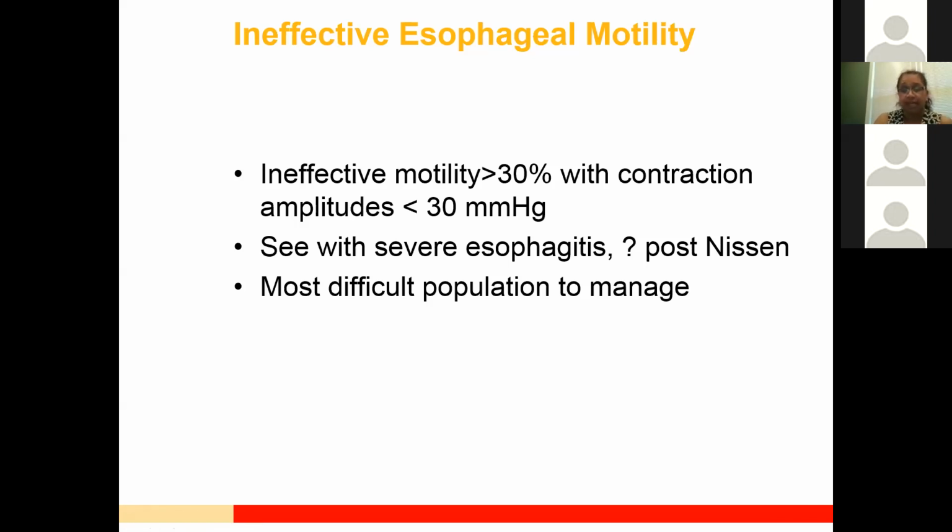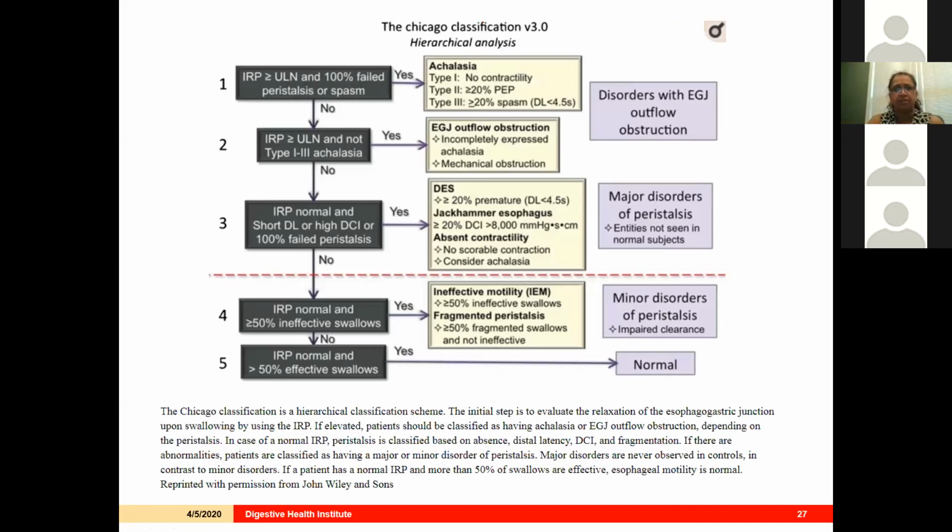And if the patient has really bad esophagitis on an endoscopy that's active, you might also see this, and it may be able to improve by treating the underlying inflammation. This is really a tough group to follow and manage.